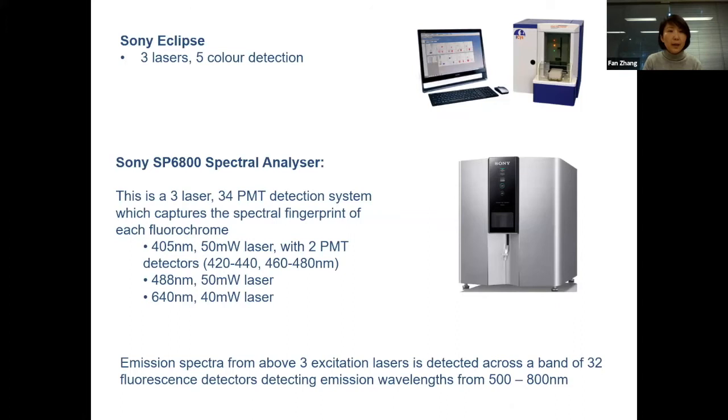We have a simpler cytometer called Sony Eclipse. This is calibrated to look at cell volume, and also does cell counts. We have a Sony spectral analyzer. This uses a novel spectral technology to look at the full spectrum of each fluorophore we use.